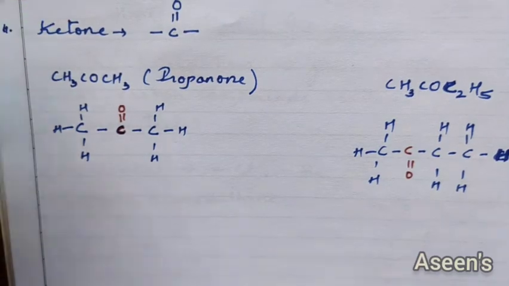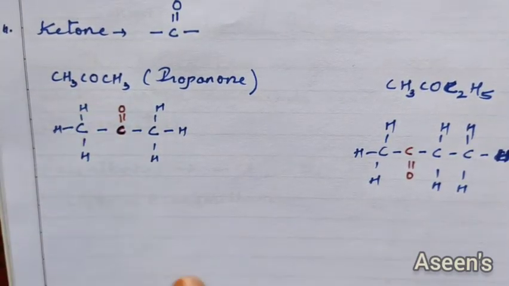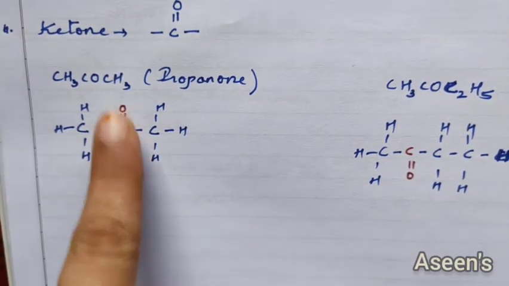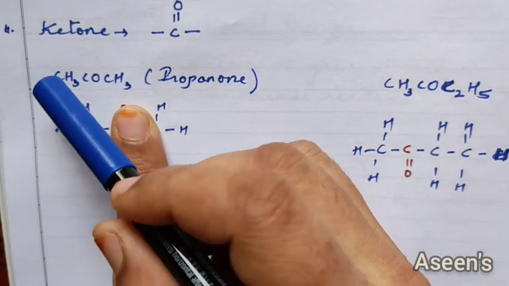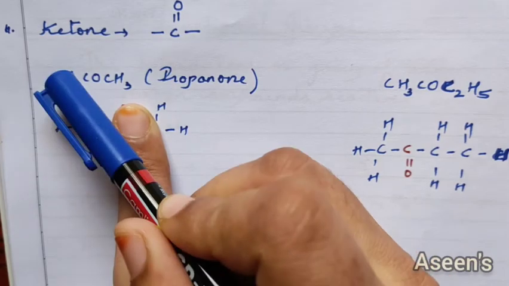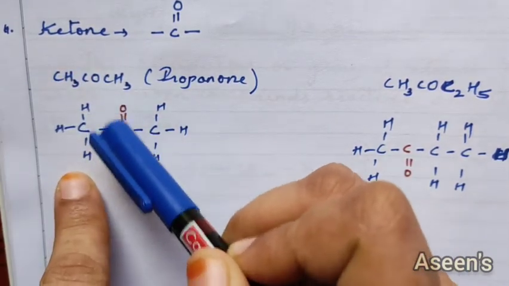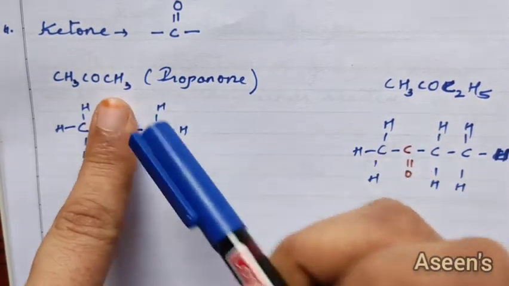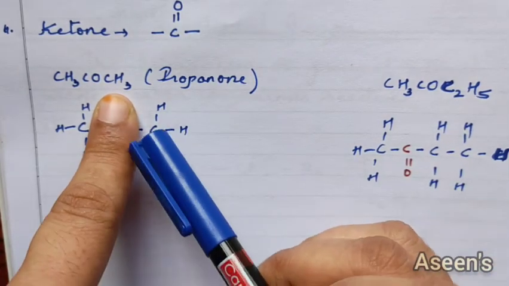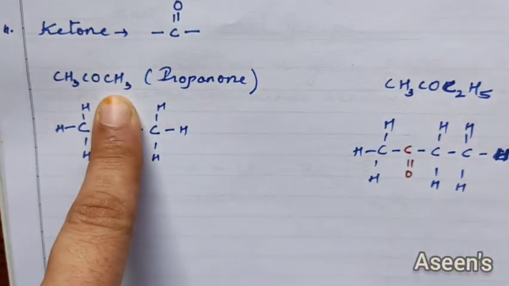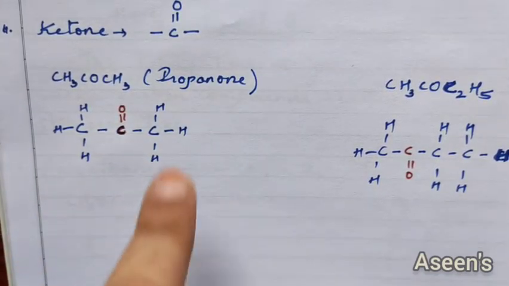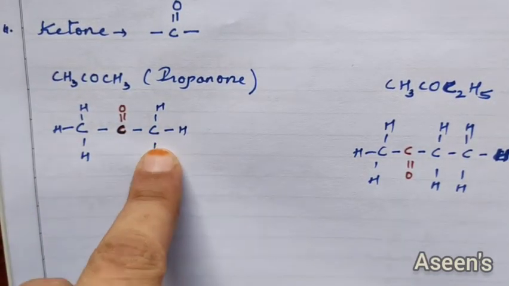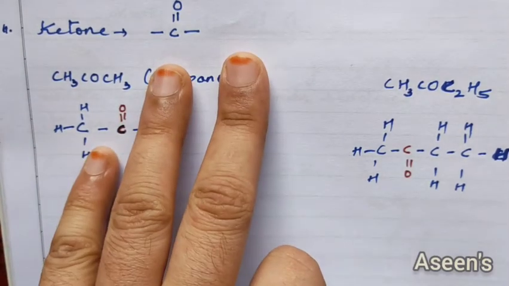Now, while writing the molecular formula, what you need to do is see your functional group. Before this, whatever you have, you write. So CH3, then comes this, that is CO. Then after this, whatever you have, you need to write. So that is CH3. So naming goes as usual. You need to count your carbon atoms. We have got 3. So for 3, we have the prefix prop.